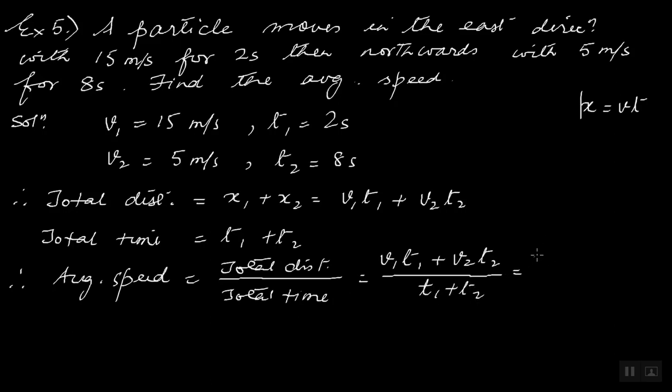So here what is v1? v1 here is 15. 15 into 2 plus 5 into 8 divided by total time is 2 plus 8. Got it? So if you do this calculation, you will get 7 meters per second.